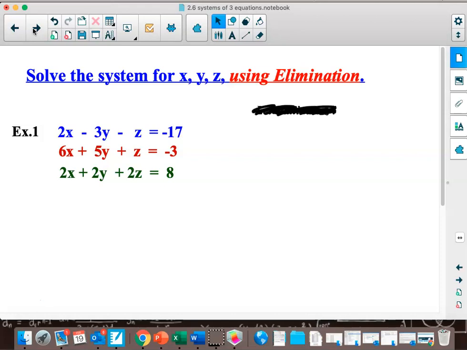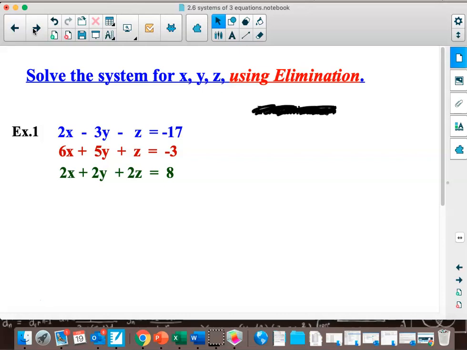So I will tell you all day when I talk about my three equations, I'm going to identify them by top, middle, or bottom. All right? So top, middle, bottom. Everyone with me? Okay.